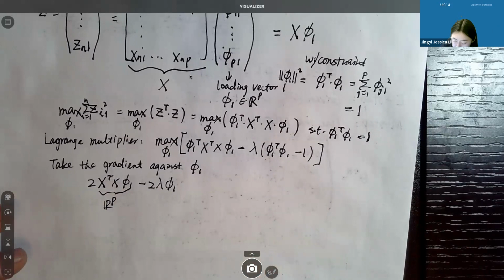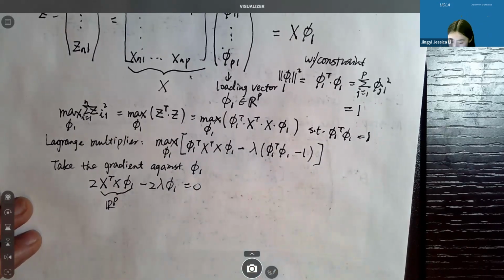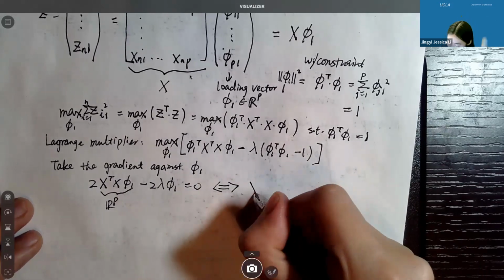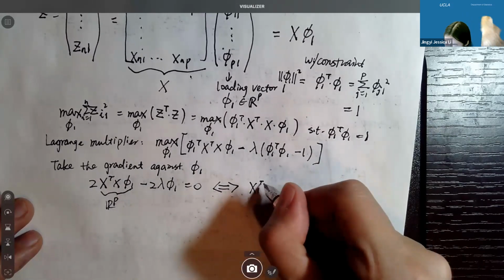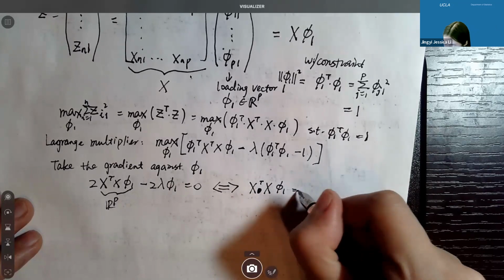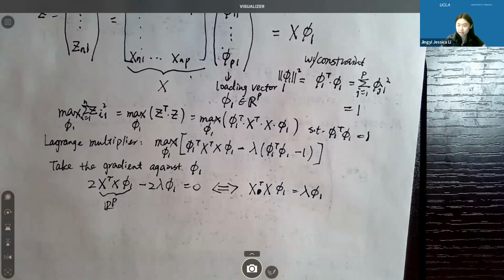If you set the gradient to 0, you will see an interesting result. If you move the second term to the right and cancel the 2, you have X transpose X times phi 1 equals lambda times phi 1. What is this? This is our definition of eigenvalues and eigenvectors of the matrix X transpose X, right?